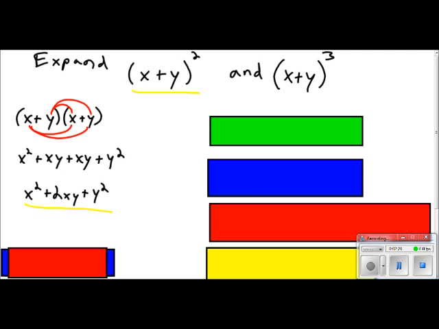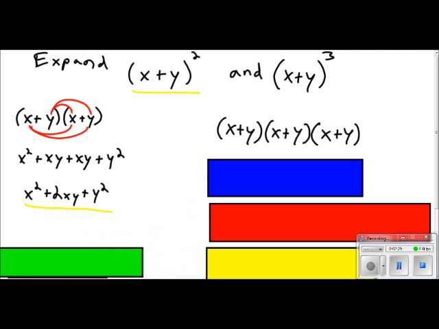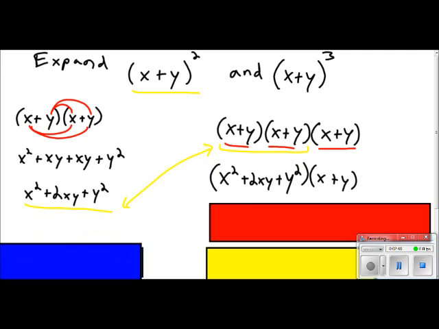We can use that in our next one. If we're looking to expand x plus y to the third power, it would look something like this. We would have 3 different x plus y's all being multiplied. But if we just look at these 2, we know that these 2 are going to be the same as this one here. So we can just quickly say right away that we're using what we had before, this x squared plus 2xy plus y squared times our x plus y. But now we need to distribute everything across.